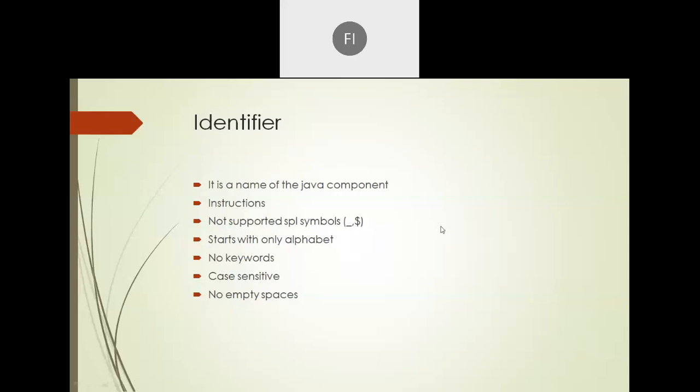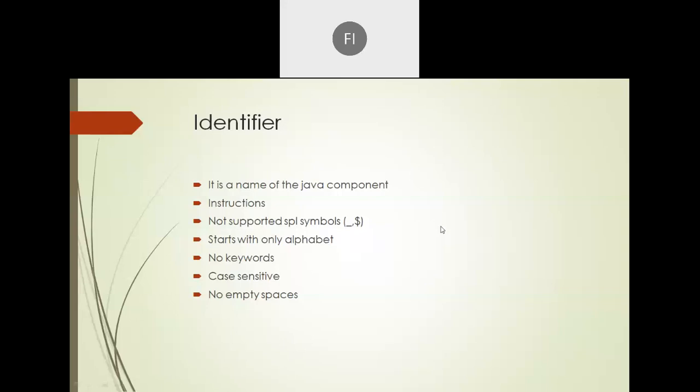Finally, there is a suggestion, not a rule. We should always give action words as names. Action words in the sense that the name you define should reflect what you are going to do in the application. Assume you are doing the sum of two numbers, so the name of the class should be summation, sum, add, addition, something like that.